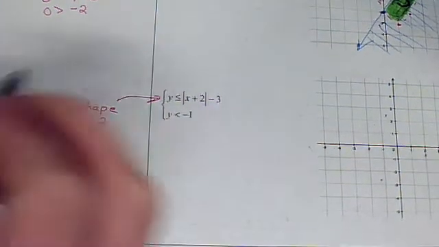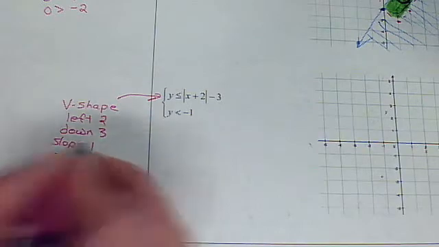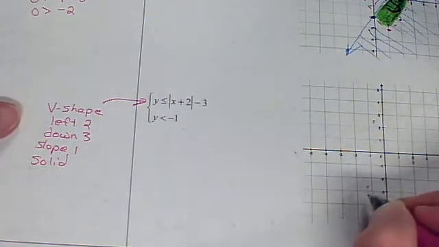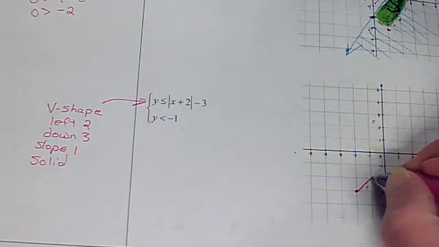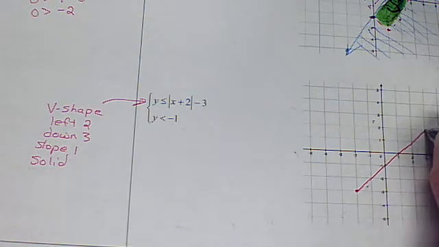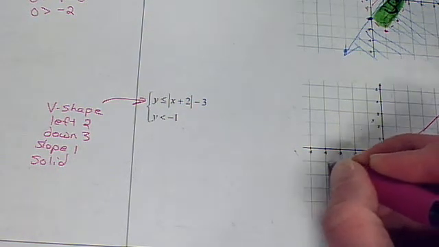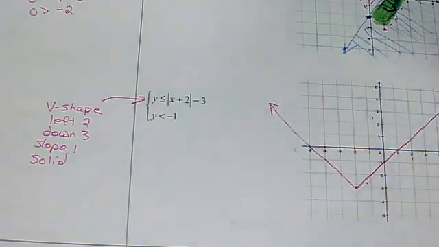Is this going to be a solid or a dashed V? It's going to be a solid V. So let's look here. That would go -2, so left 2, down 3, slope of 1, solid, easy, easy, and the other way. Now we need to figure out which way to shade on this one.